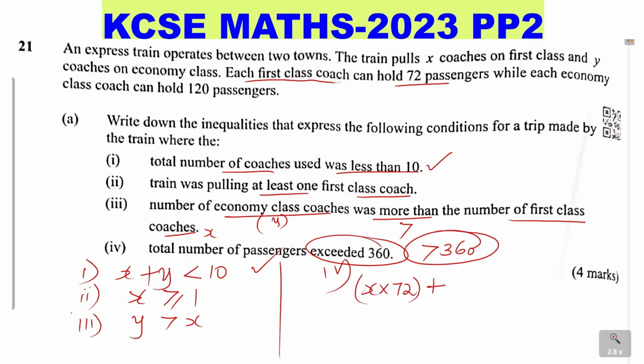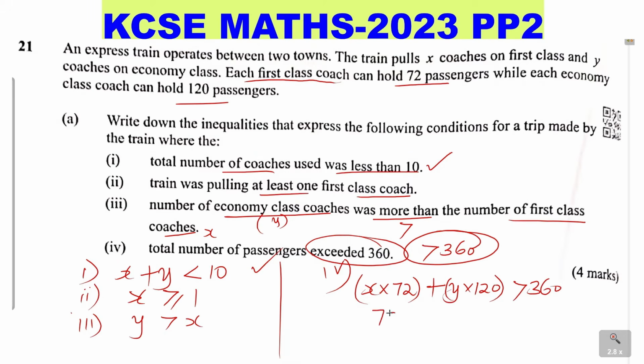What about economy class? The economy class, we have y coaches, and each coach can hold 120 passengers. So all the passengers in the economy class coach will be represented by y times 120. And that sum, now these are all the passengers, both for first class coaches and economy class coaches. That one should be greater than 360, should exceed, that is greater than 360.